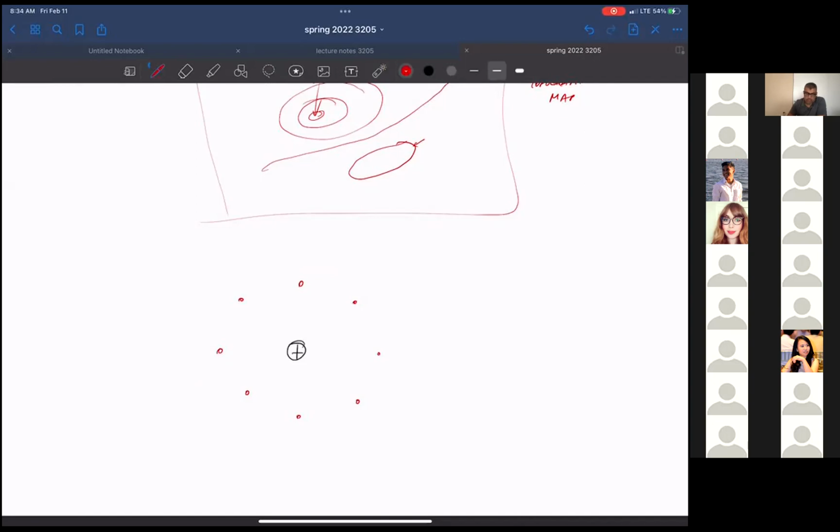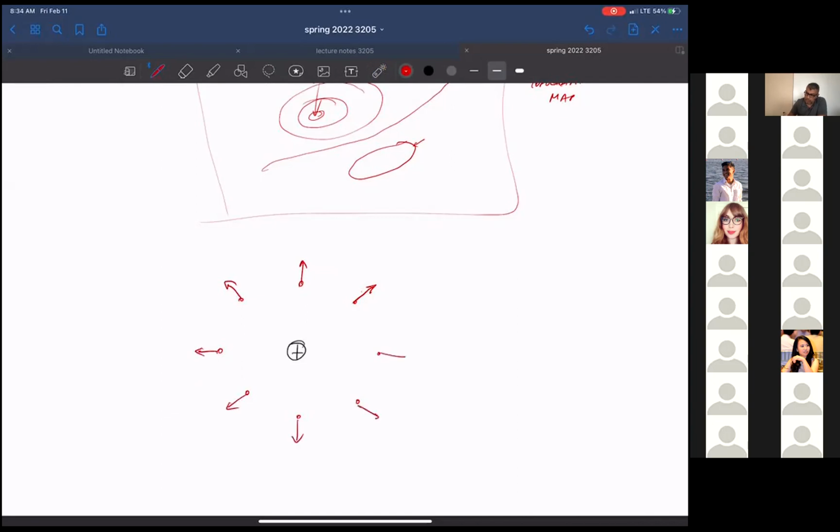The way the visual works is you draw an arrow here, and the direction of the arrow is the direction of the force or the electric field. And the length of the arrow tells you the strength of the electric field.